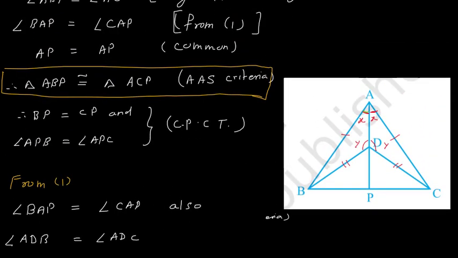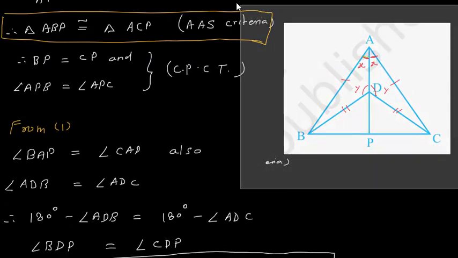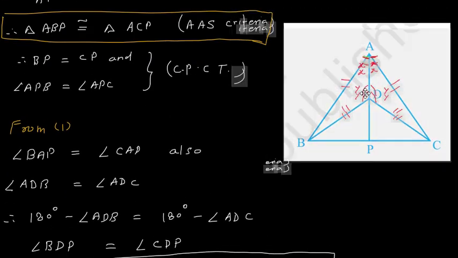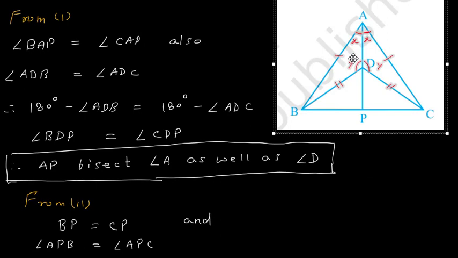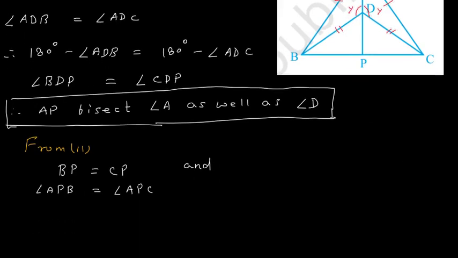So these two angles are equal. Let us bring this a little down. So angle APB is equal to angle APC.